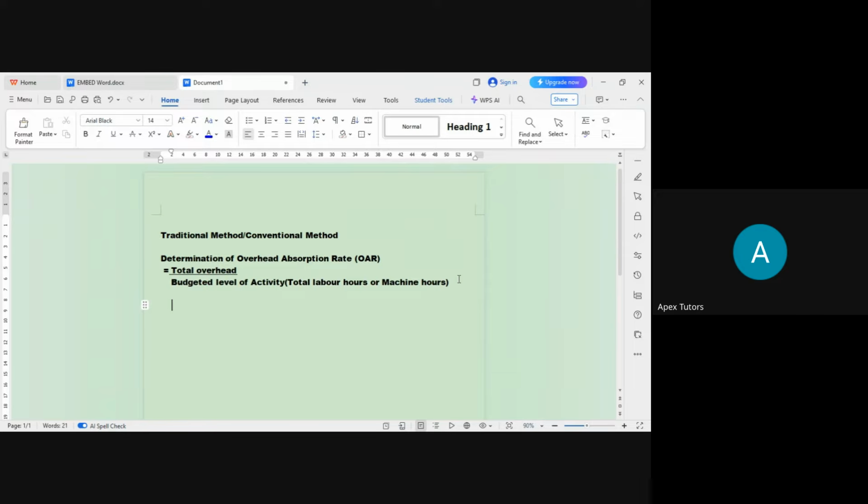Now, when we talk about cost drivers, talking about activity-based costing now, cost drivers are those activities that drive cost.